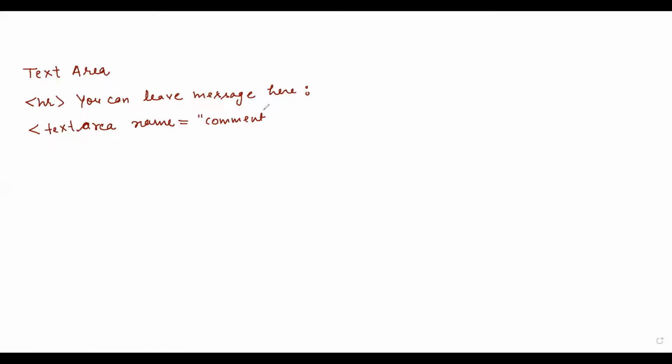So that it can be processed somewhere, I'm giving a name so that it can be referred there, which script is going to process it. So rows 10, columns 70. So this way I can have a space for writing this message. Wrap is equal to wrap.